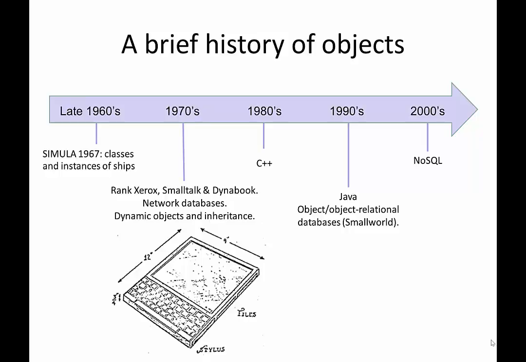We'll get some more details on these words in due course. In the 1980s, the C++ language came along. And that was when object-oriented programming in general started to really take off. You had a very powerful, robust industry language which took on objects.